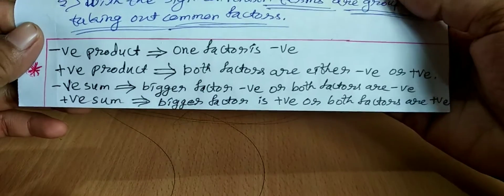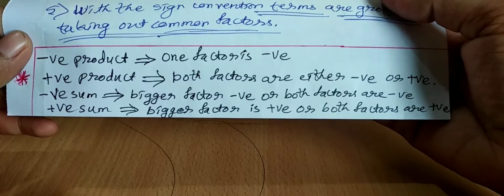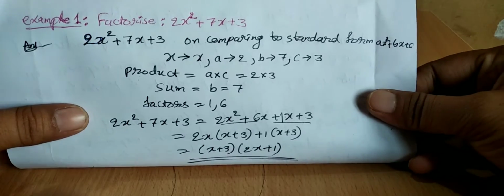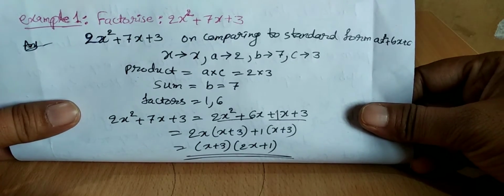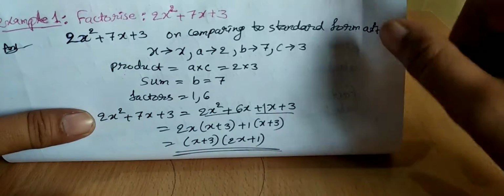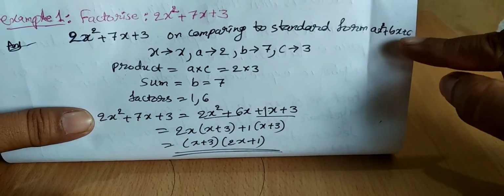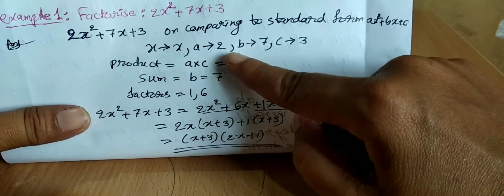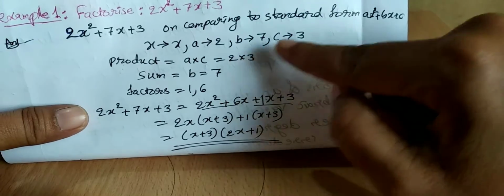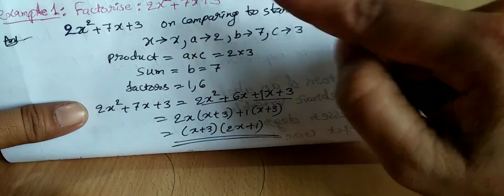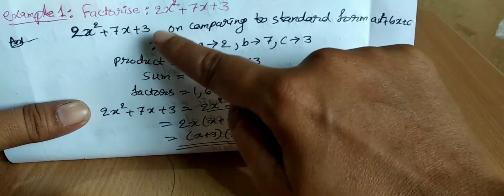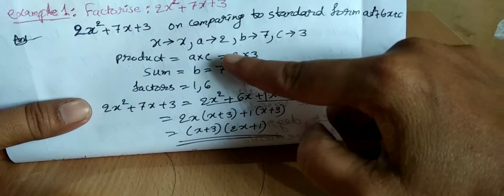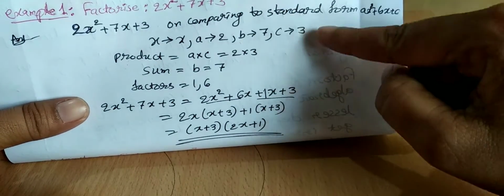Let us see a few examples of how to split the middle term. First example: factorize 2x² + 7x + 3. On comparing to the standard form ax² + bx + c, the variable is x, a is 2, b is 7, c is 3.